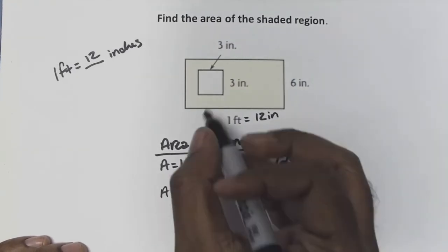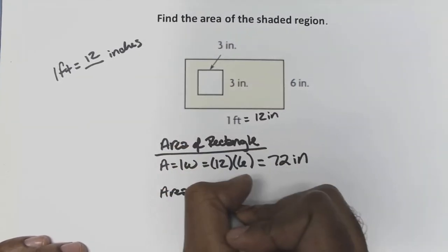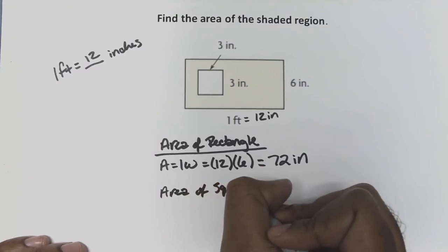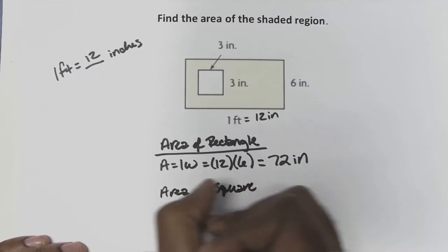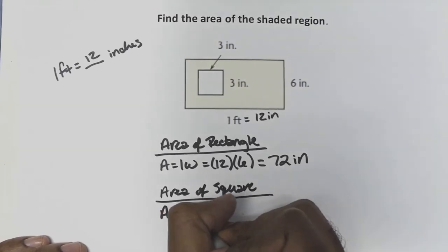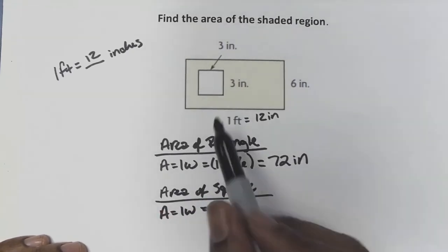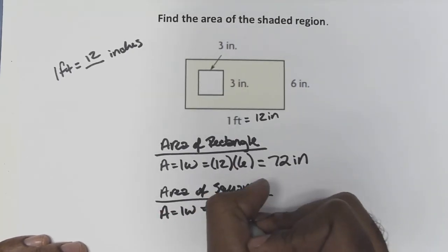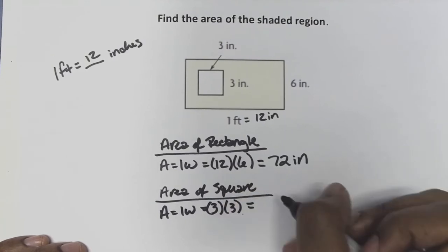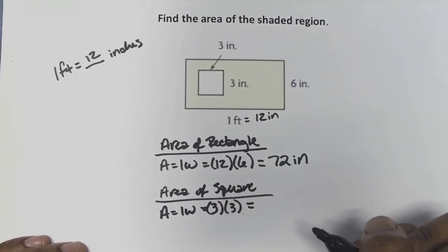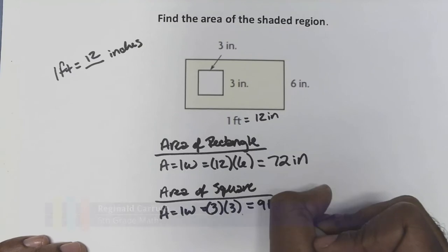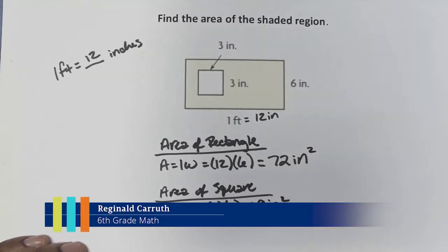So now let's find the area of this square. Same formula, length times my width. That's going to give me what? Good job, 9 inches squared, and this should be squared as well.